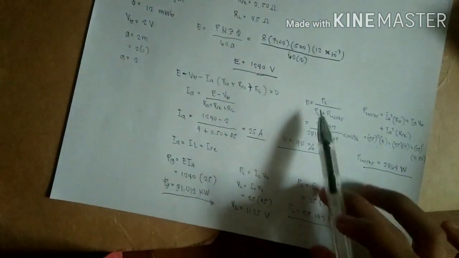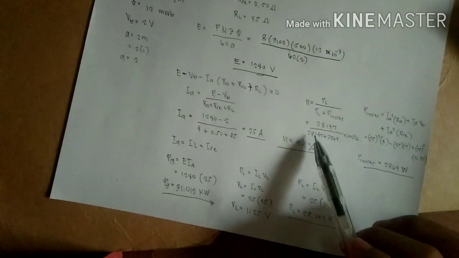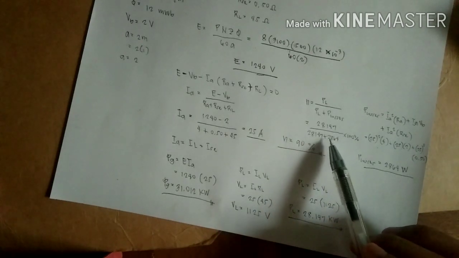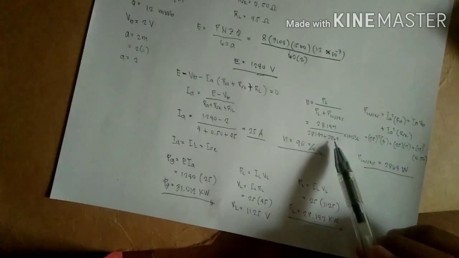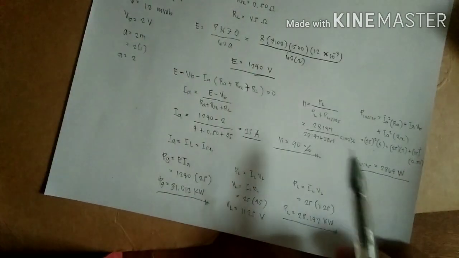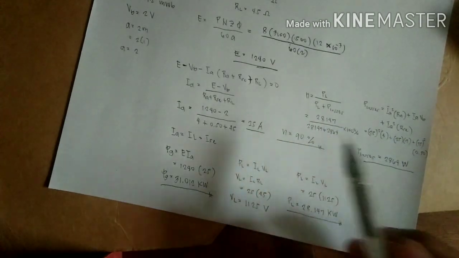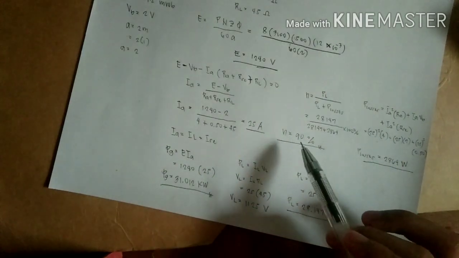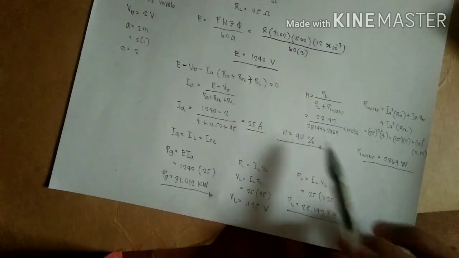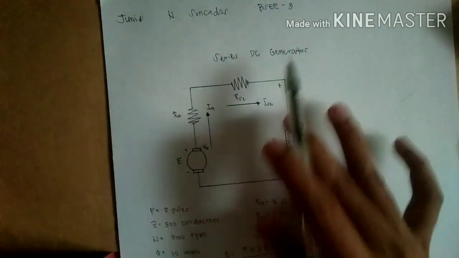The efficiency is 28,147 watts over 28,147 watts plus 2,864 watts, times 100% to make it a percentage. Upon solving this, we get a 90% efficiency of this series DC generator.